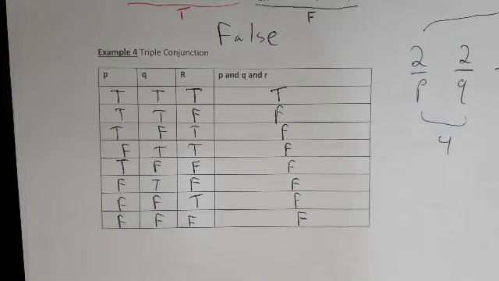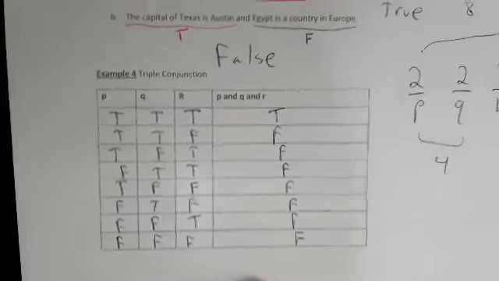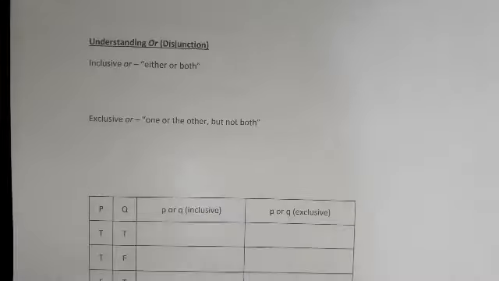It's only true if everything in there is true. So and is really, really strict. If I'm saying I want this, and I want this, and I want this, it's like I'm really demanding.